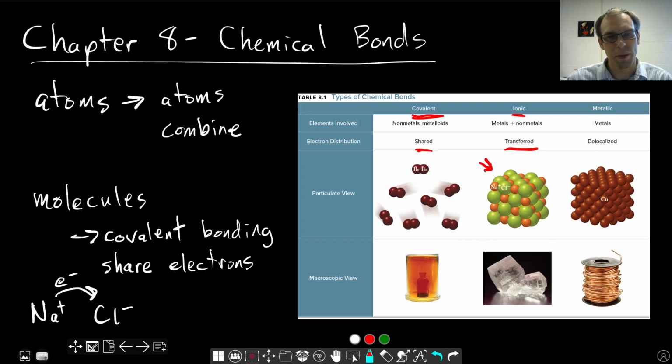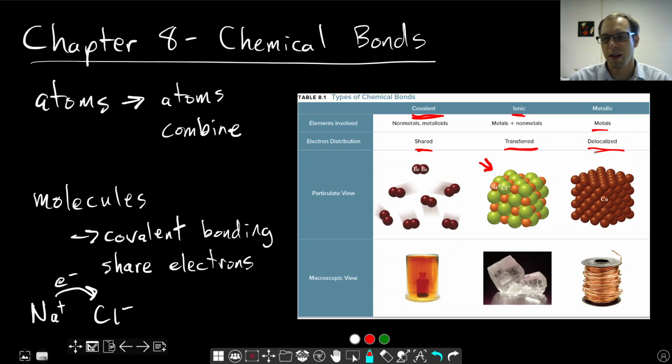One final type of bonding that we haven't talked about yet, and we are not really going to talk about it much in this chapter at all, but just want to bring it up as the final major type of chemical bonding, is what's called metallic bonding. And this happens within metals when we have a solid piece of metal like copper or iron or something like that. And here the electrons are delocalized, meaning the electrons are spread out across the whole solid.